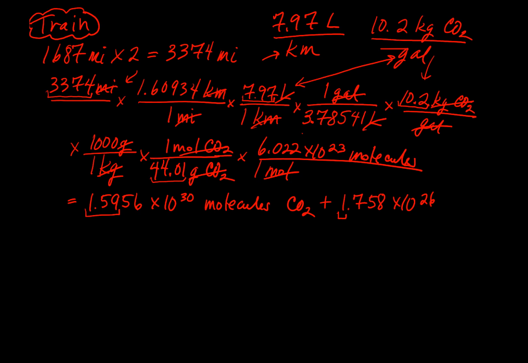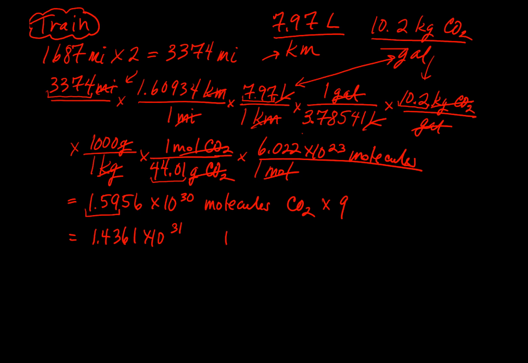Let me back up. Before we do that, I also forgot to multiply by 9 because the student makes 9 trips per year. So let me quickly multiply that number by 9 and I get 1.4361 times 10 to the 31 molecules.